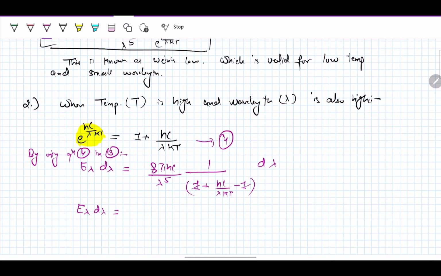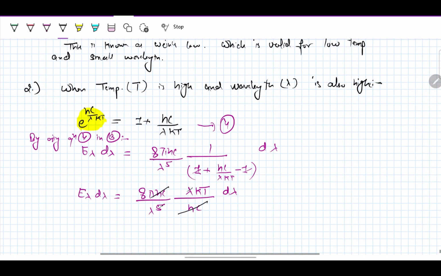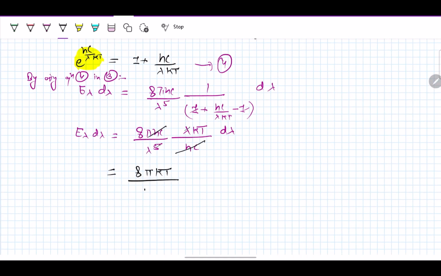We are left with E lambda d lambda equal to 8 pi h c over lambda to the power 5, times lambda kT upside and h c downside, d lambda. So h c and h c cancel out, and lambda with lambda to the power 5, so we get 8 pi kT over lambda to the power 4 d lambda.